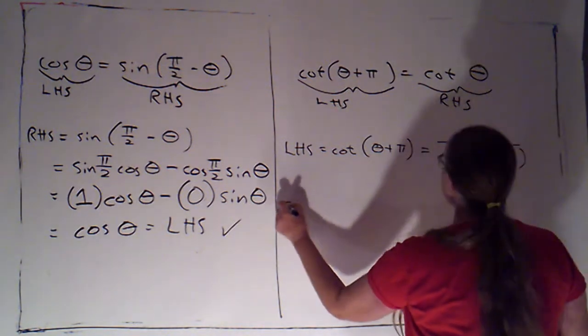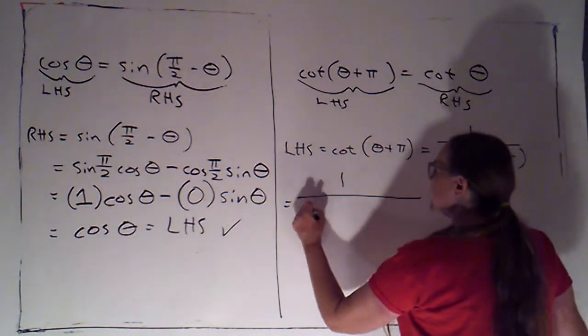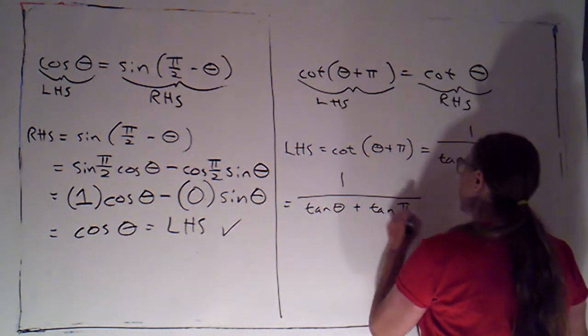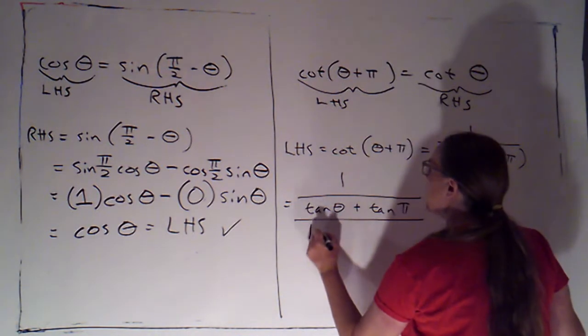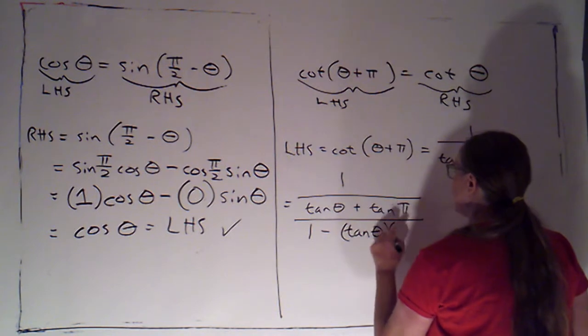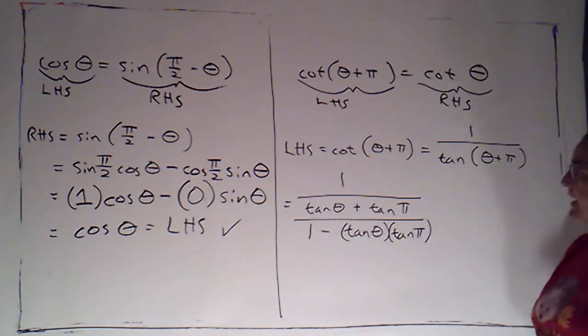Okay, so that's going to equal 1 over, this is going to be tangent of theta plus tangent of pi over 1 minus tangent of theta times tangent of pi. Okay, that was my sum formula for tangent.